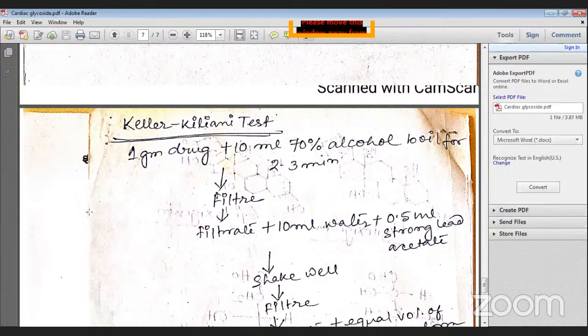Moving to the next section, the steroidal glycosides.